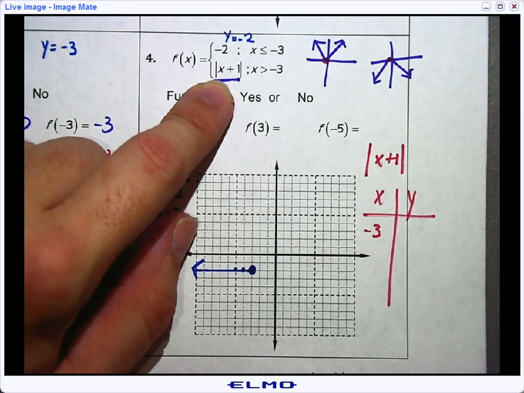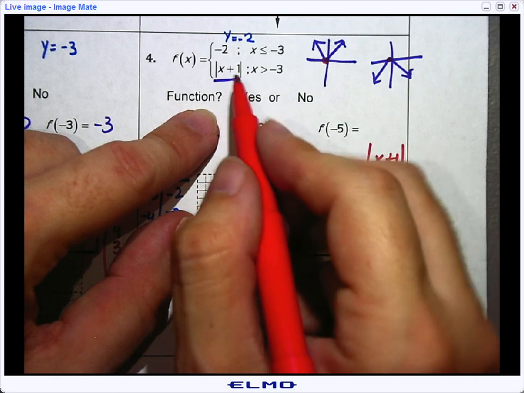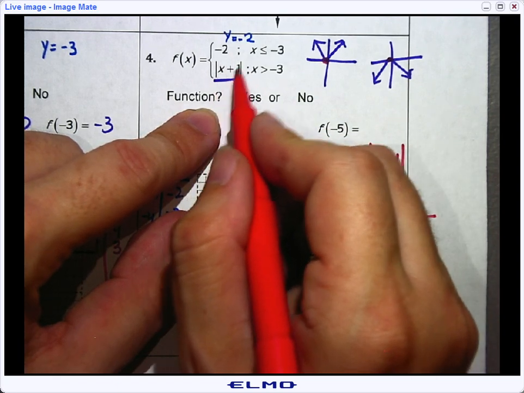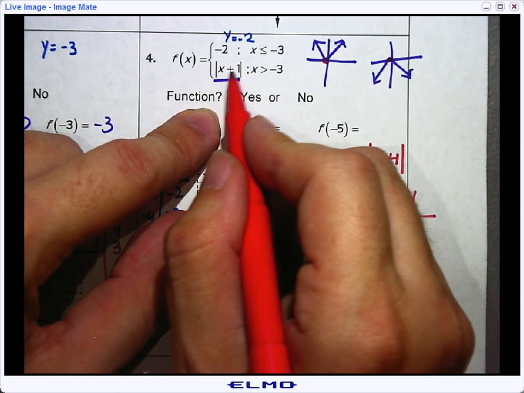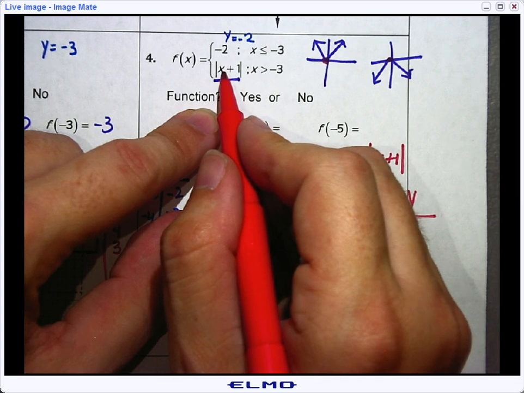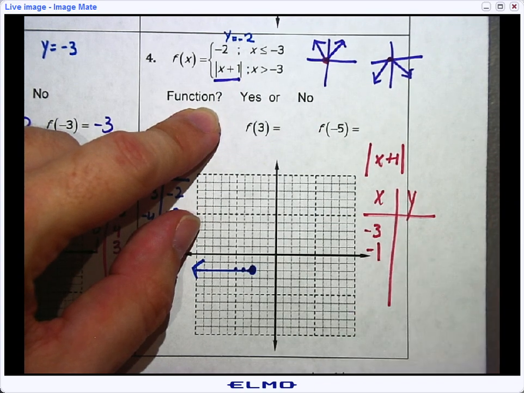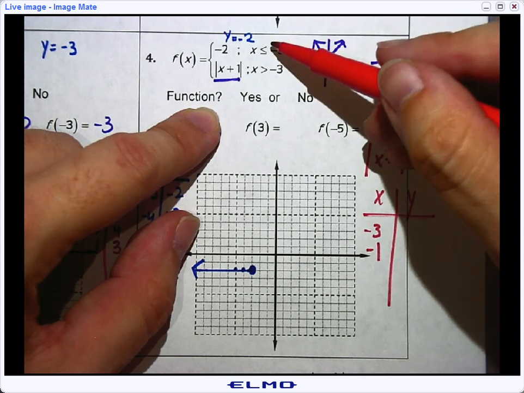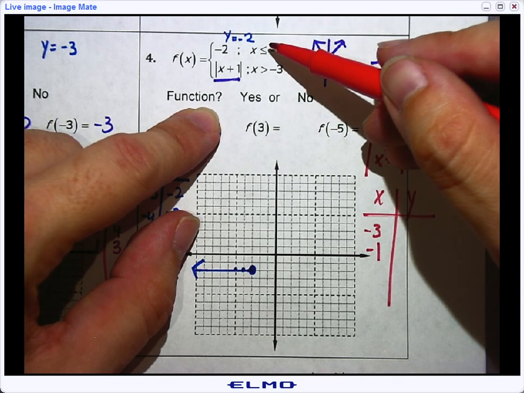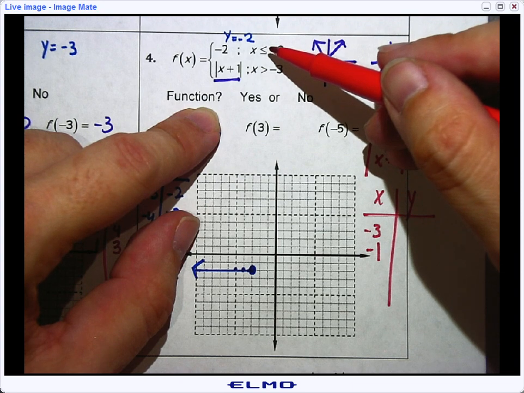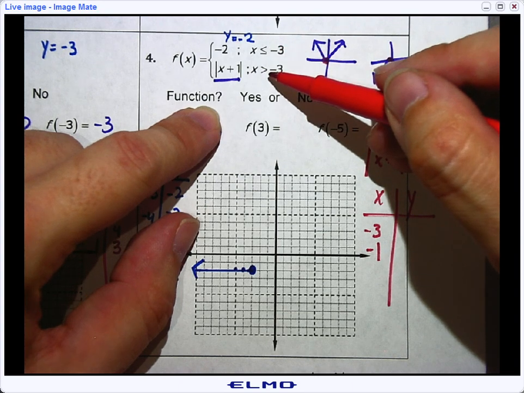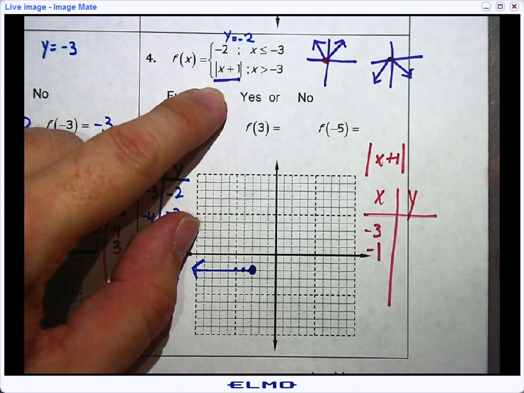But that will always happen when you get a 0 in here. So what value would make this 0? -1, because -1 plus 1 is 0. So I do want to know what happens at -1. And then some other values that are greater than -3. Let's just use 0.